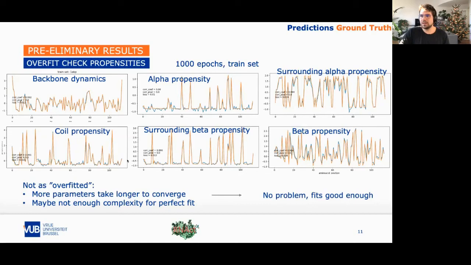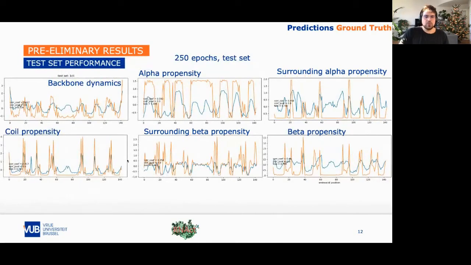But of course, models are only as good as they perform in the test set. So when we look at the test set at 250 epochs, because this is the moment in which the test set performed the best, we can see that some signals are captured, and some others are far from perfect, are off.